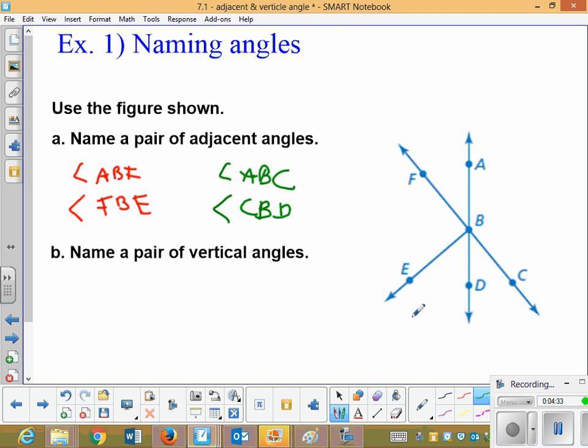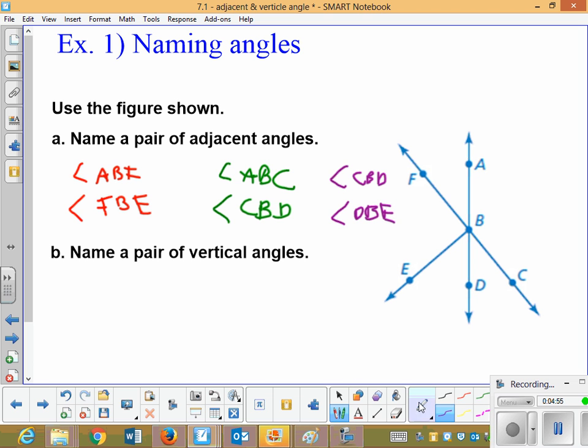Are there any other angles that are next to each other? I do see angle CBD, C, B, and D is adjacent to DBE. So D, B, and E. Again, adjacent means what, everybody? Next to. So we're going to go ahead and fill that in.